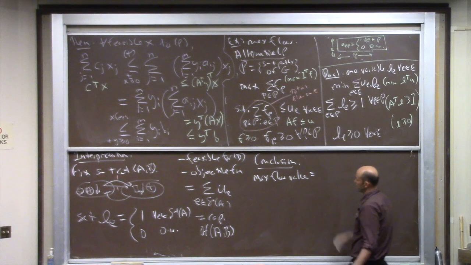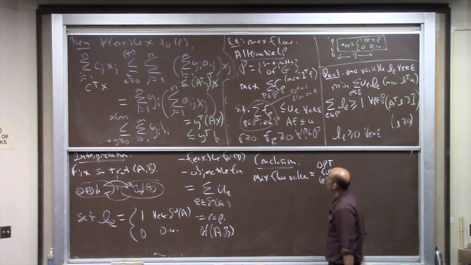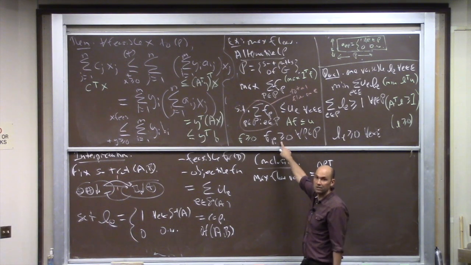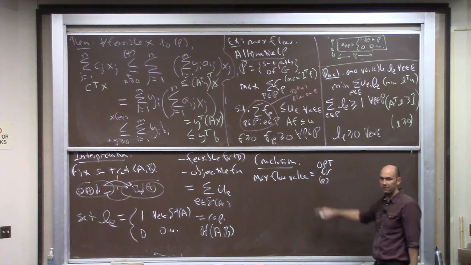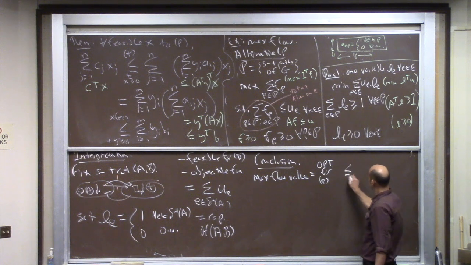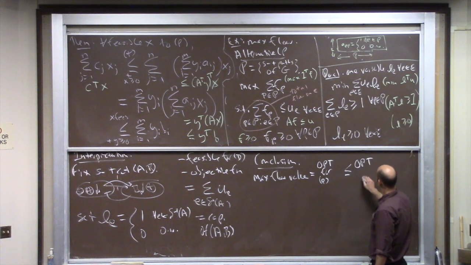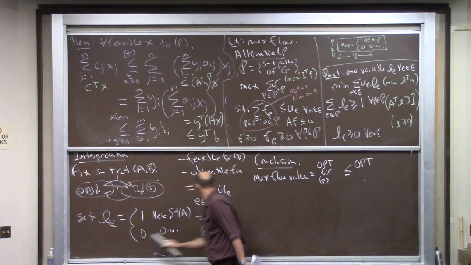We argued, or on exercise set 4, you'll argue that the optimal solution to our linear program is exactly the max flow value. So this is just because we have an LP formulation. Let me stack these under each other. Let's do it this way.